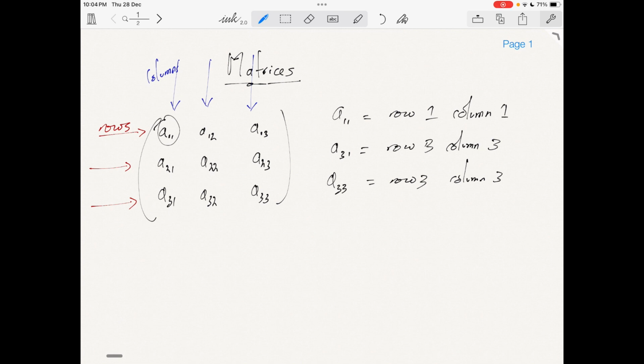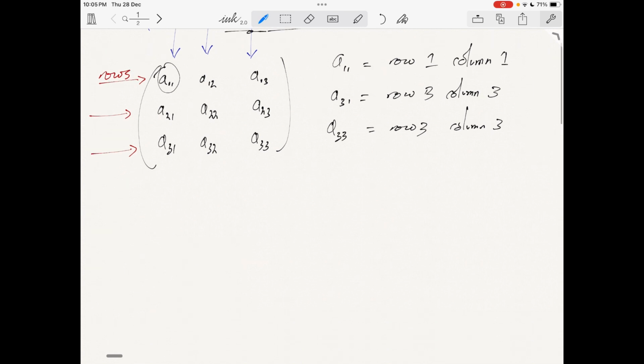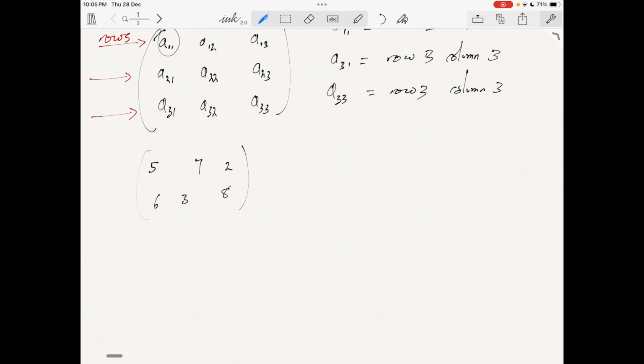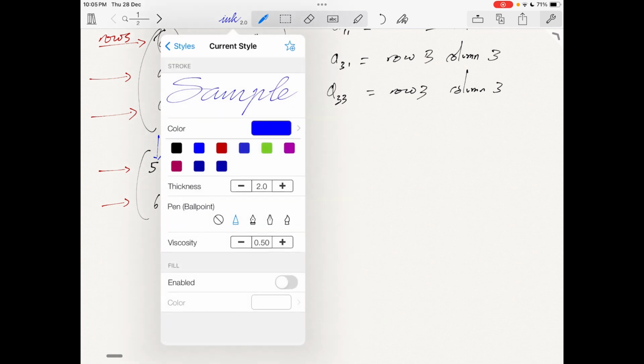Now let's look at how we know the order of the array in which the matrix is. Let's take, for instance, 5 7 2 and 6 3 8. Now we want to know how many rows are here and how many columns are here. Since the rows are represented in red and the columns are represented in blue, 1 2 3, that means we have 3 columns and 2 rows.